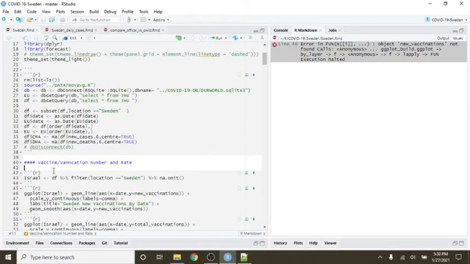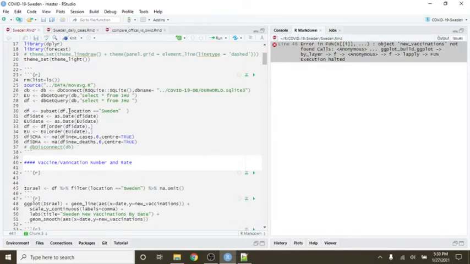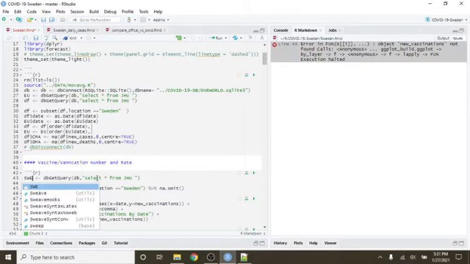Let's just do this then. Let's say SWE. We don't seem to use that E anyplace.